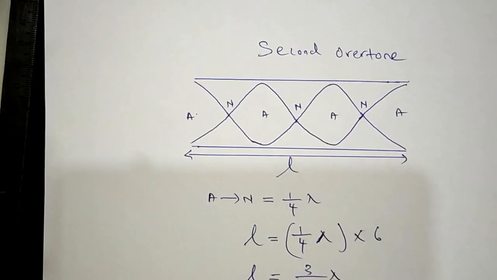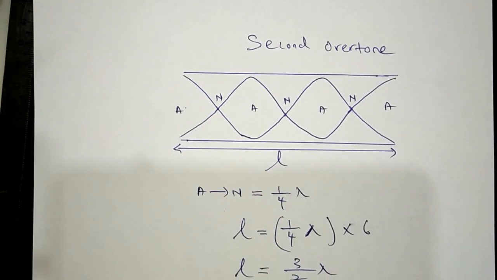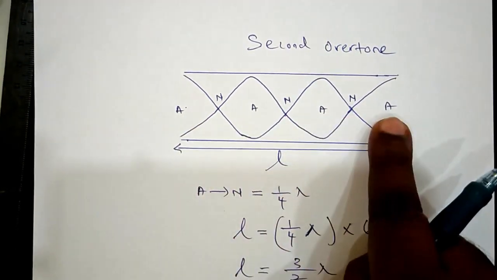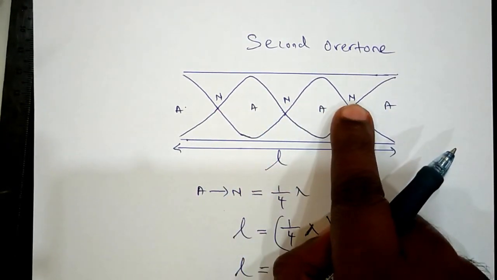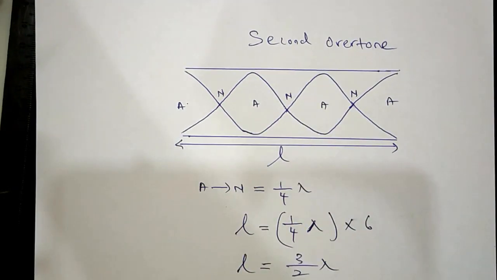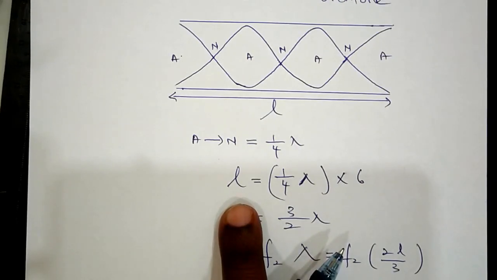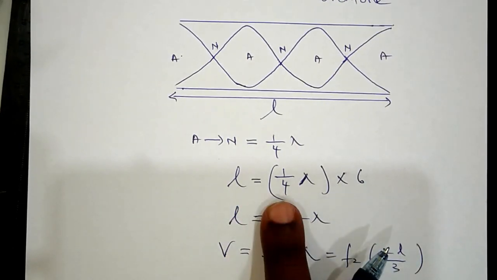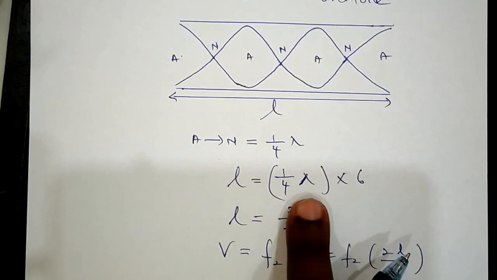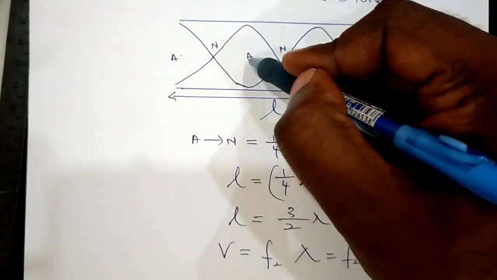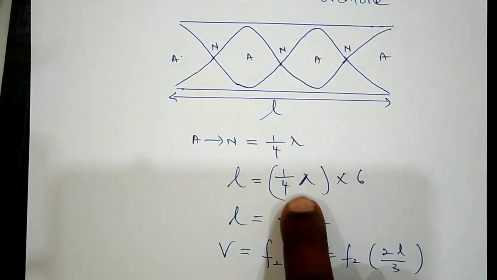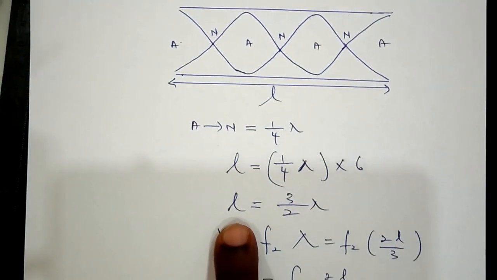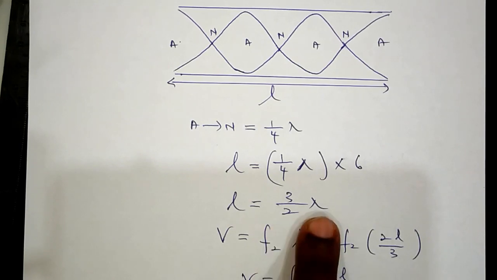For the second overtone, we have 1, 2, 3, 4 antinodes and 3 nodes. So the length now is 6 times a quarter wavelength. 1, 2, 3, 4, 5, 6. Then you will get the length is 3 over 2 lambda.